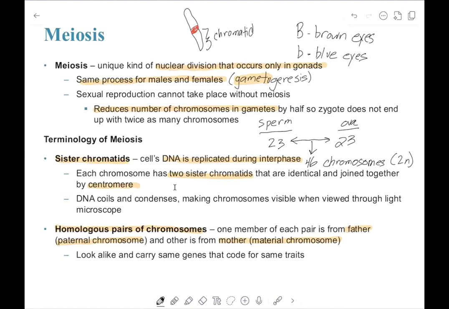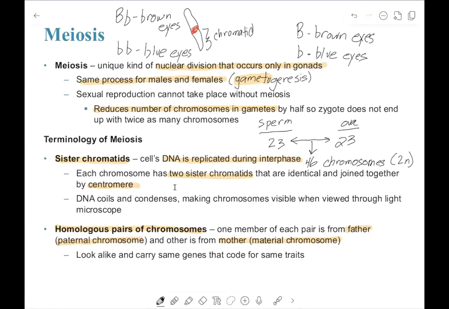So if the paternal trait could be brown eyes and maternal could be blue eyes, this person would have brown eyes because the brown trait is dominant to the blue trait. If the person got two blue traits from the mother and father, then that child would have blue eyes.